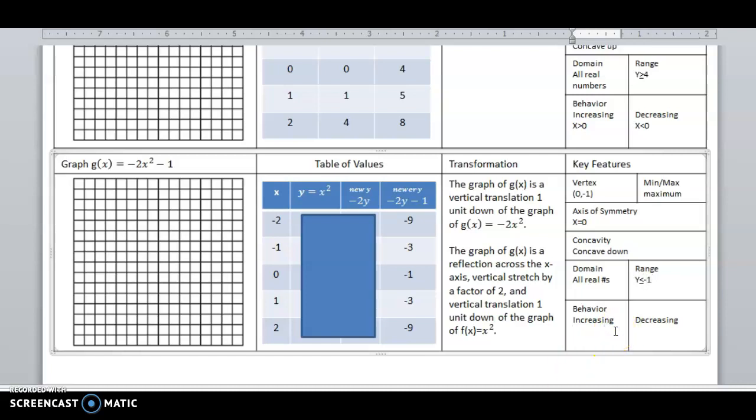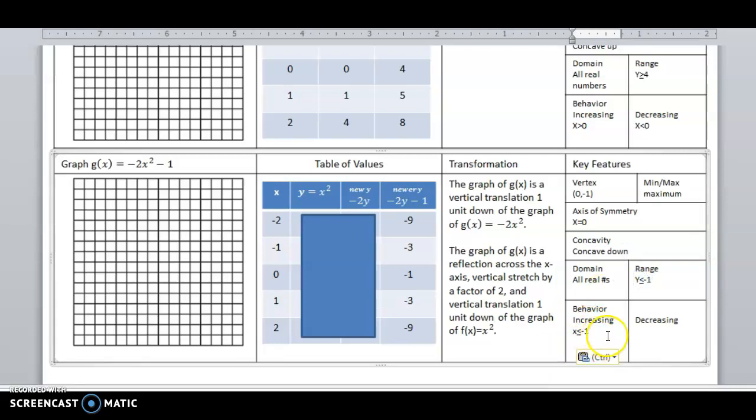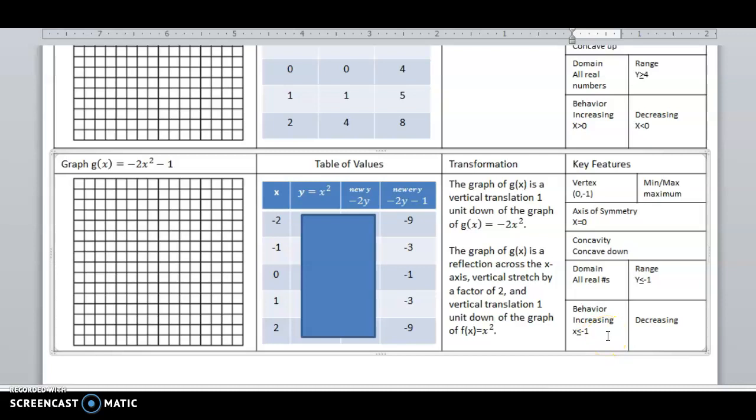Now, it is increasing when x is less than, but don't use the y value, instead use the x value, so 0. And then I'm going to change the less than to greater than or equal to 0 for the decreasing interval.